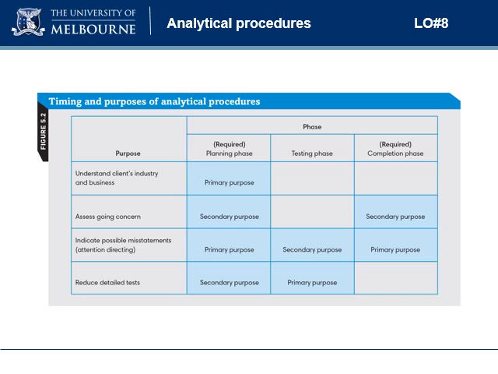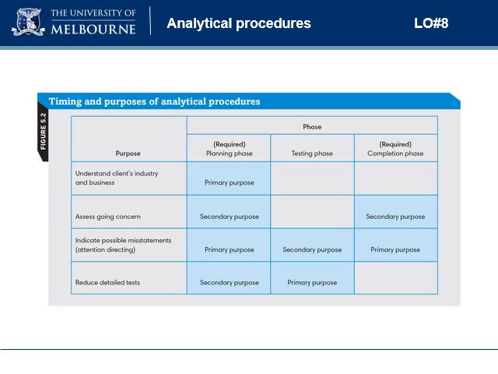Then at the end of the audit, we reapply our APs to see if we are still comfortable with the reasonable assurance that we've detected the material misstatements, and at the end of the audit we again reassess going concern.